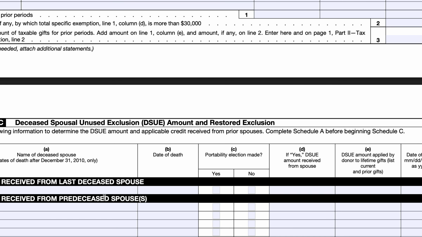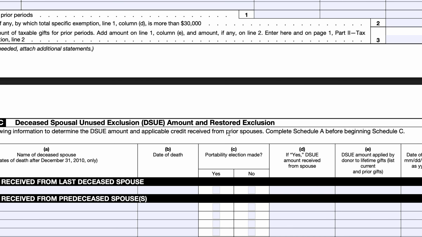There's a couple of years between that and the landmark Supreme Court decision that concluded same-sex marriages were constitutionally the same as different-sex marriages. So the restored exclusion applies to couples that initially were not able to port their spouse's unused exclusion, but then this was a loophole that opened up after the Supreme Court.